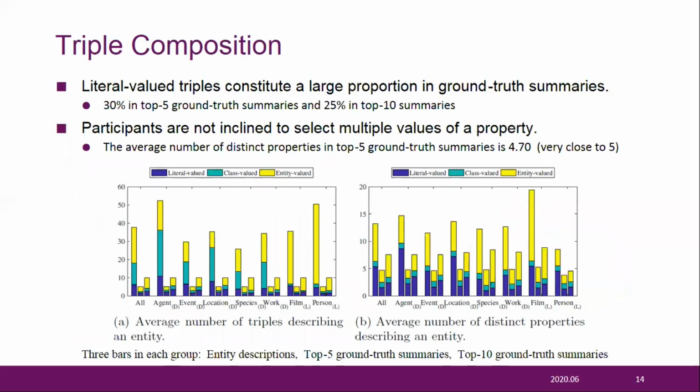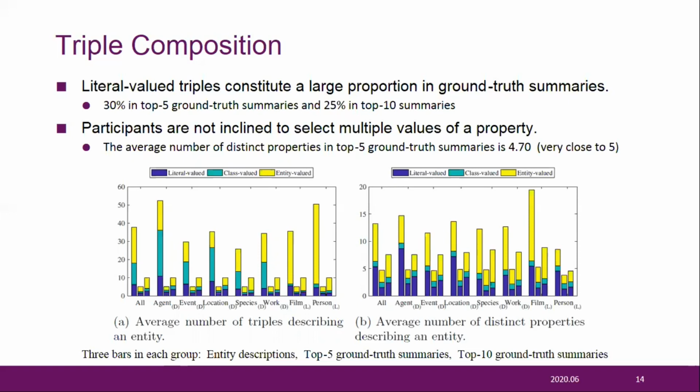These two figures show the triple composition of anti-descriptions, the top 5 and the top 10 ground truth summaries. The figure on the left presents the average number of triples of an entity in these 3 sets of triples. It shows that class-valued and entity-valued triples occupy a considerable proportion of anti-descriptions in DBpedia, and entity-valued triples predominate in LinkedIn-DB.